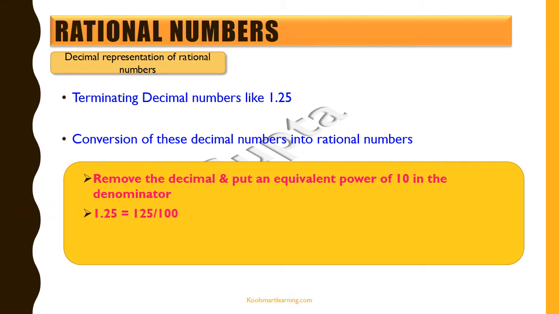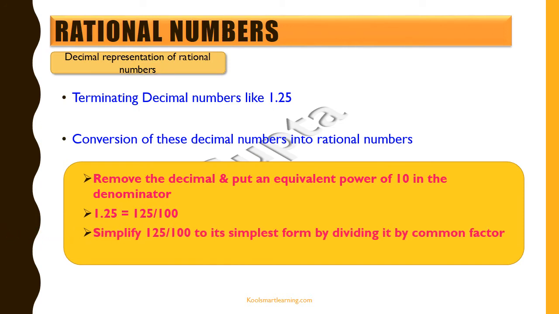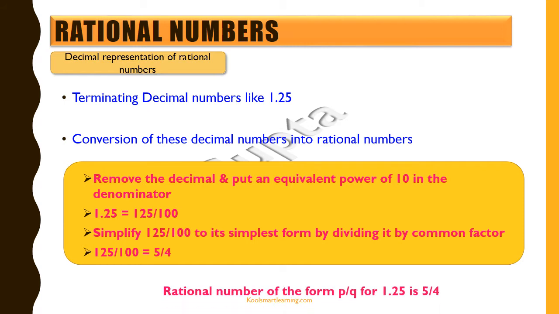So we make it 125 by 100, and then we simplify it by dividing by a common factor, which is 25 in this case. So it becomes 5 by 4. Now we can clearly say that 5 by 4 is a rational number of the form p by q. So 1.25 is nothing but a rational number. So any terminating decimal number can finally be represented in the form of a rational number. So they are rational numbers.